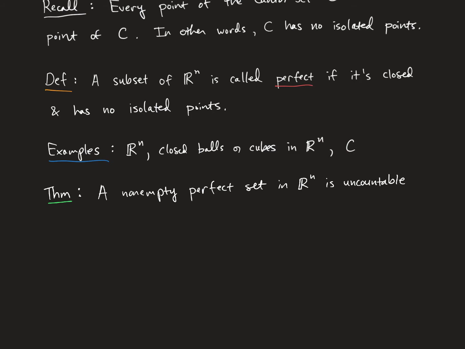This will establish the uncountability of the Cantor set as we discussed in the previous lecture. It also will imply the uncountability of any one of these other sets as well. This is an even more general argument that will imply that R^n is uncountable.